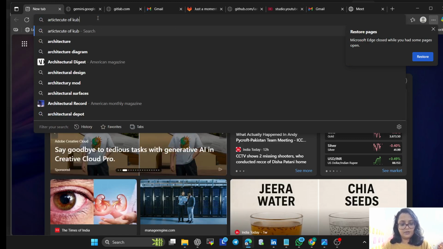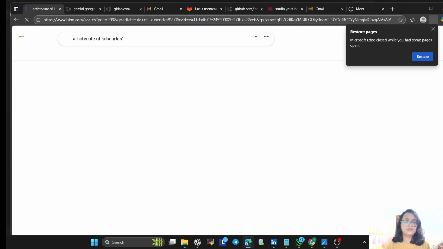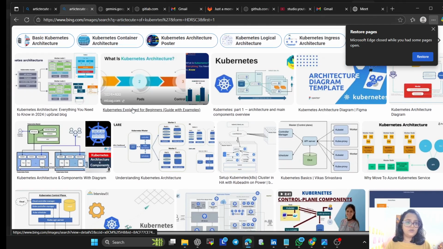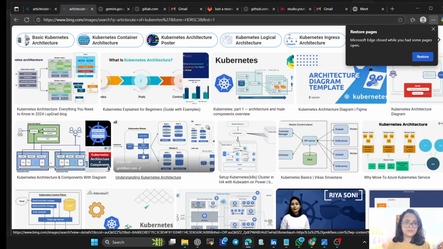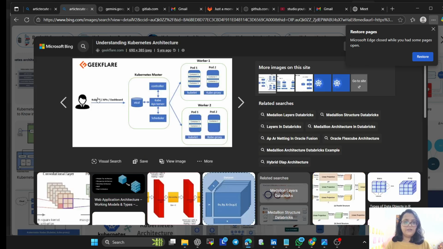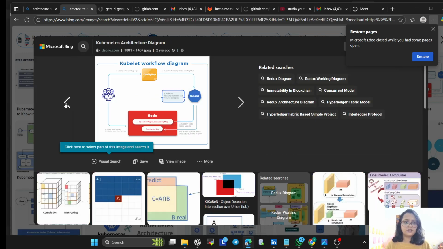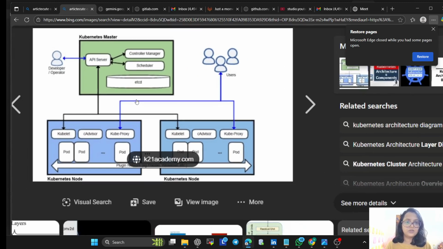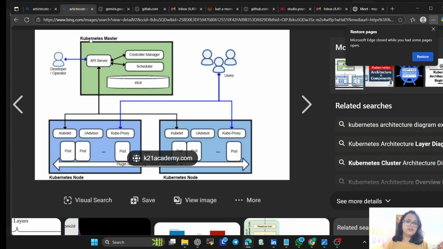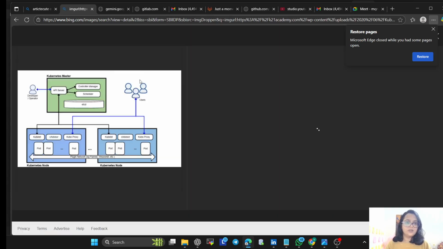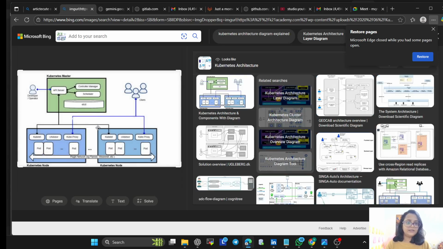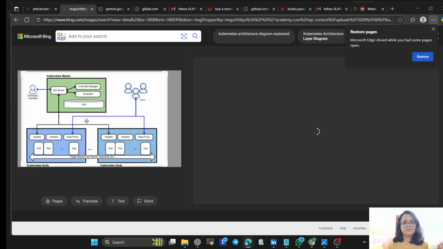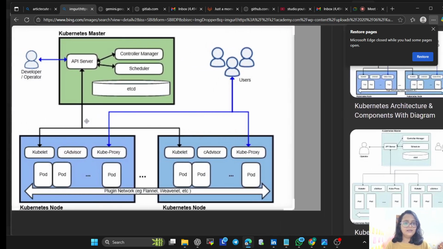Here that is the Kubernetes master, and these are the worker nodes.